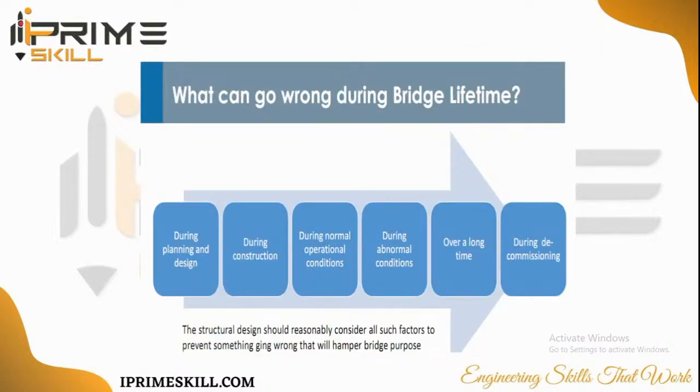So why do bridges sometimes fail? What can go wrong? The stages where bridges fail, where it can go wrong, are during the planning and design. Some bridges fail during construction, during normal operational conditions, during abnormal conditions like heavy winds, etc., over a long time maybe due to non-maintenance, and during decommissioning.